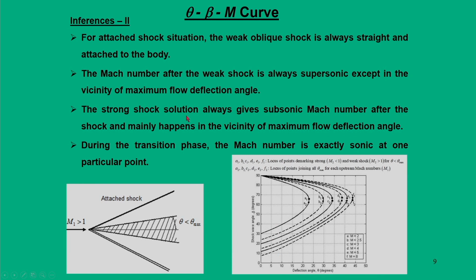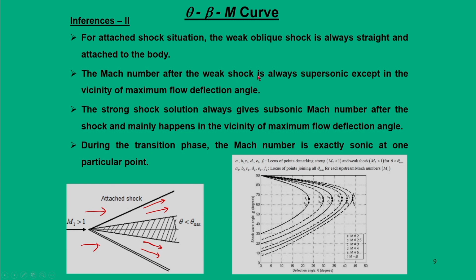Now, moving further, for an attached shock situation, the oblique shock is always straight and attached to the body. As you can see here, streamlines are parallel both in the upstream and downstream directions. Downstream, the streamlines make an angle theta, and are parallel to this inclined surface.